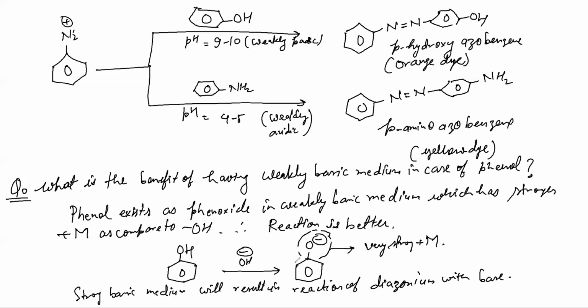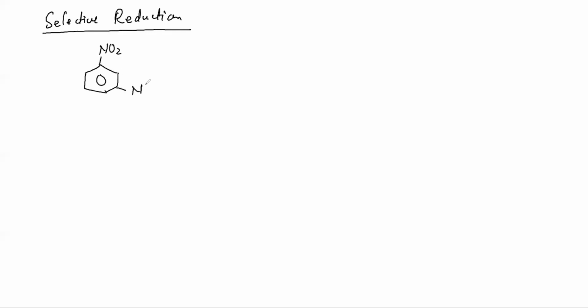Okay. Now let's write a few conversions. This chapter is more or less over. Let me give you some extra things. Next, we'll write selective reduction. If you have 2 NO2 attached on your benzene ring, and you react it with Sn/HCl, you know what will happen? We have done this already.